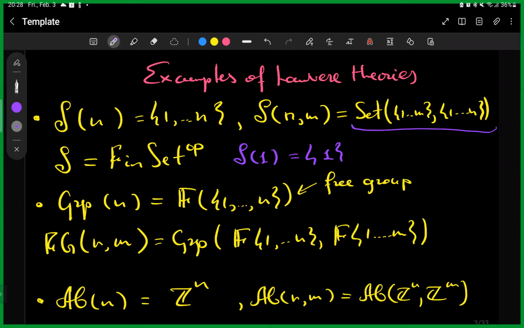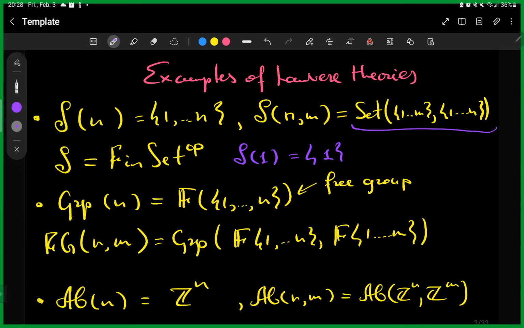More interestingly, we can encode the theory of groups using Lawvere theories. So the Lawvere theory for groups is just a category where an object indexed by n corresponds to a free group on n generators, and a Hom set between an object indexed by n and the object indexed by m is just the set of group homomorphisms between the two free groups.